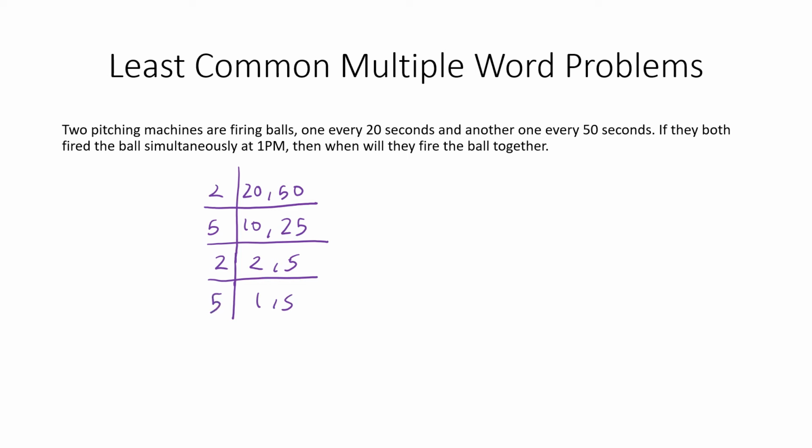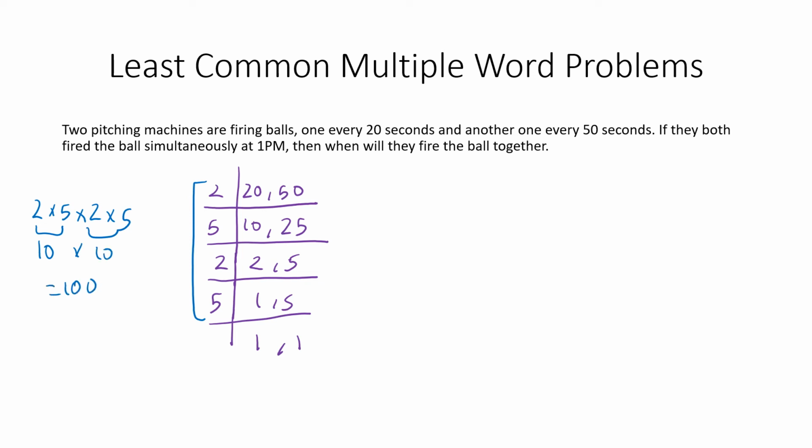And then 5 again with 1 and 1. And then we have to multiply this side right here. So we get 2 times 5 times 2 times 5, which breaks down to 10 times 10, which is 100 seconds, which we got in the previous slide, but much quicker.